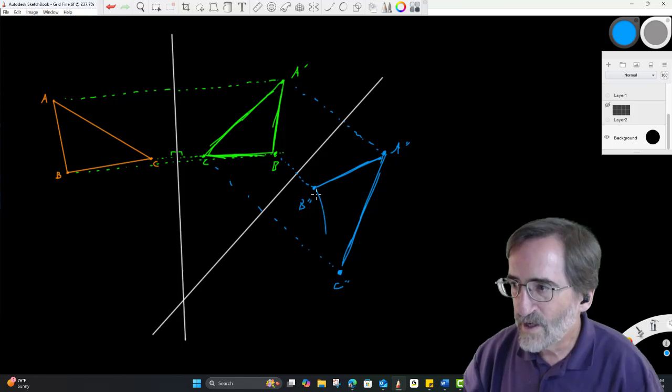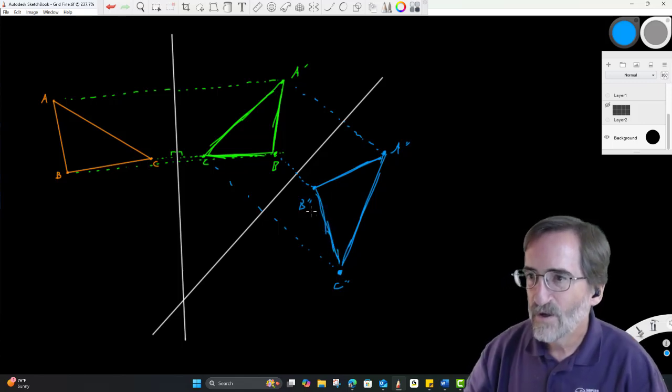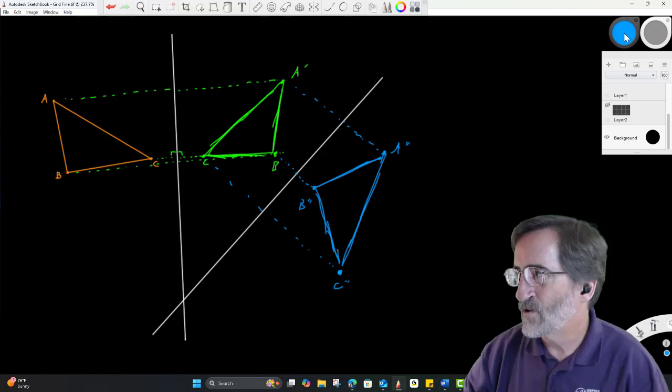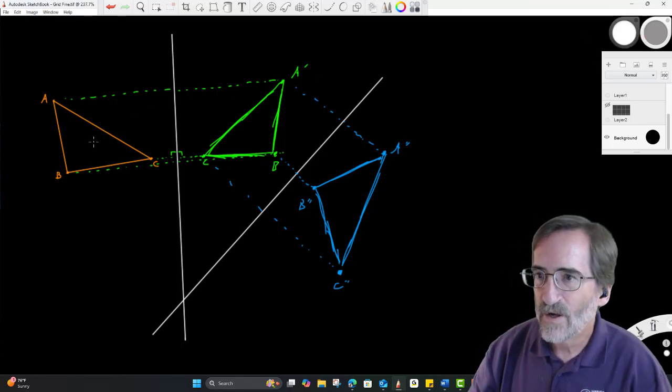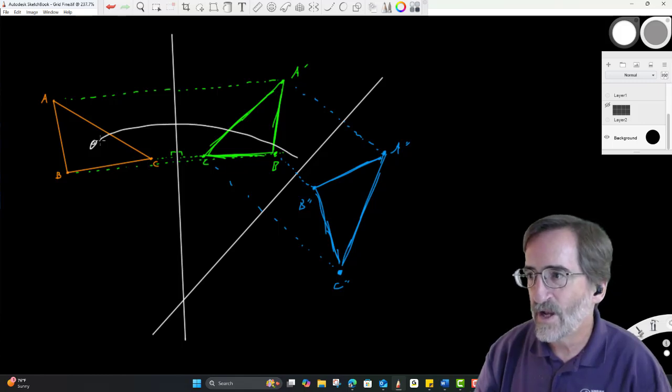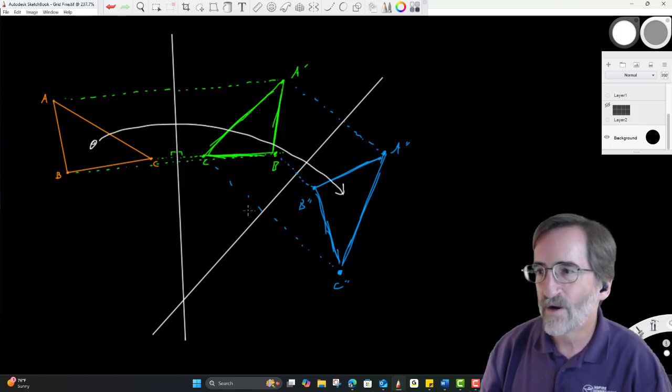What we get is a rotation. The orange triangle has been spun by a particular angle, right there.